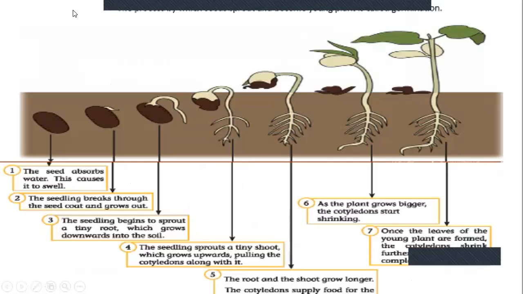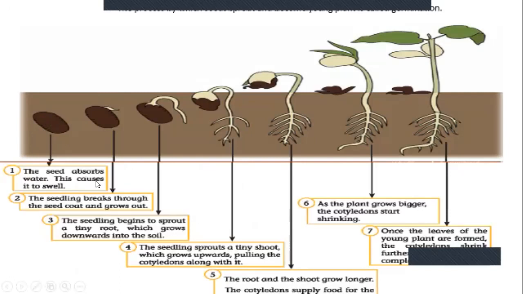Here you see the process by which seeds sprout and become a young plant is called germination, because the seed has to go through various stages as it sprouts and becomes a young plant. Let us learn now the very first stage. If you want to grow a seed, you have to put it in water for some time.